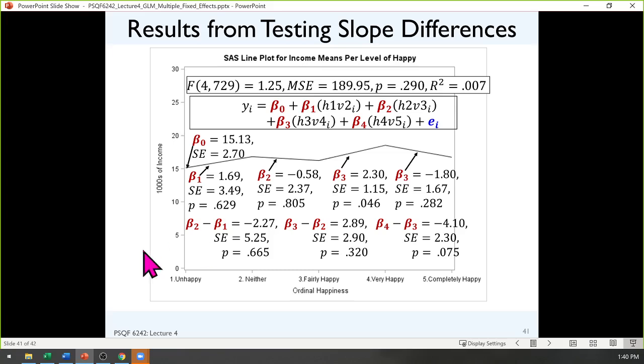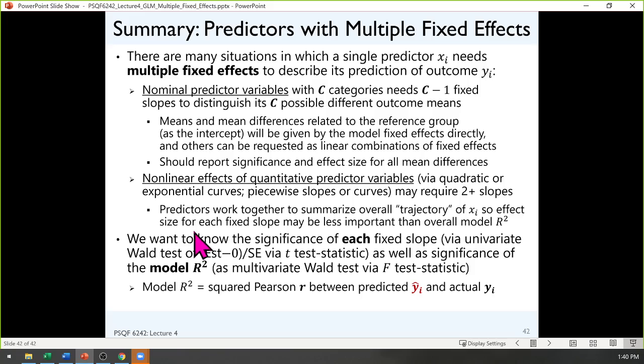All right. So, summary, putting it all together. What we've been working on in this unit is the idea that some predictors take more than 1 slope to fully capture how they predict an outcome. So that happens whenever you have nominal or ordinal variables that have more than 2 categories.